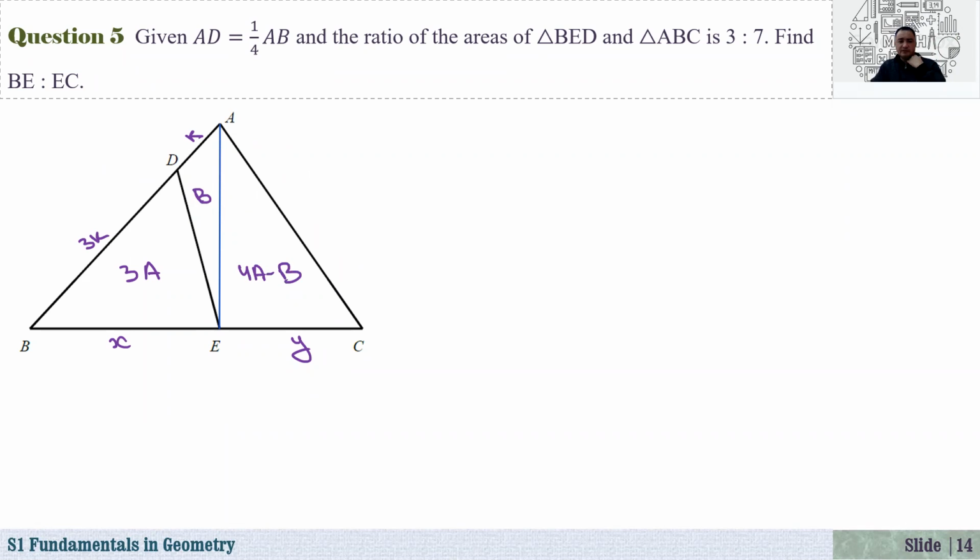So first, if you look at the triangles BED and DEA, the ratio of 3A to B is equal to 3K to K, that is 3 to 1. Now from here, the 3 cancels each other, right?